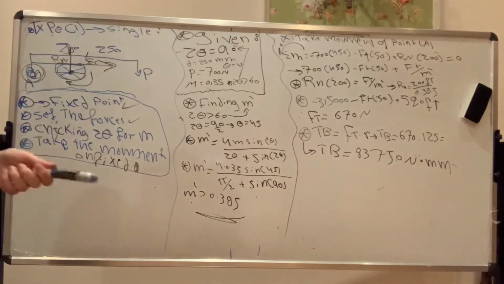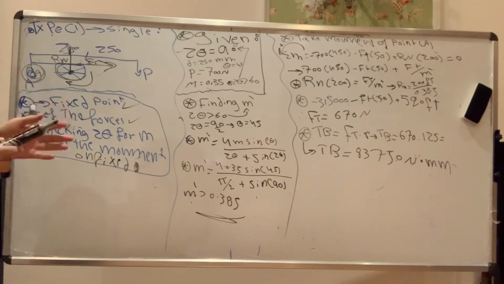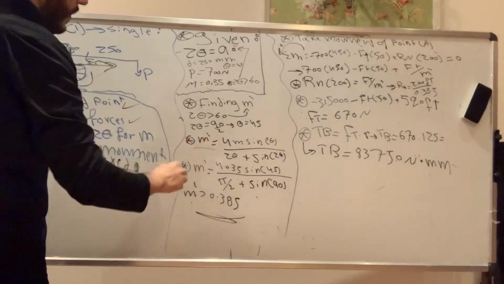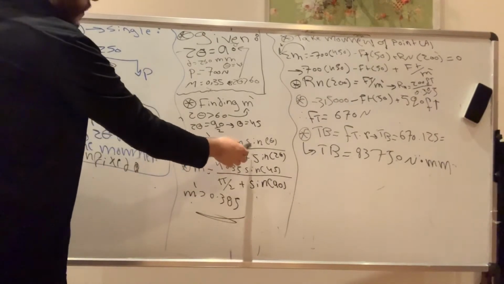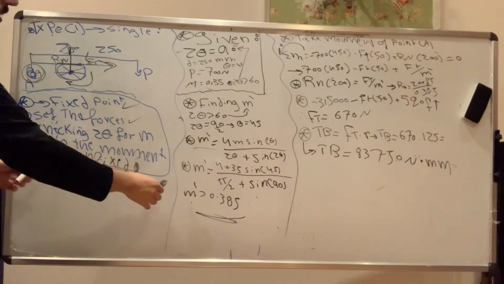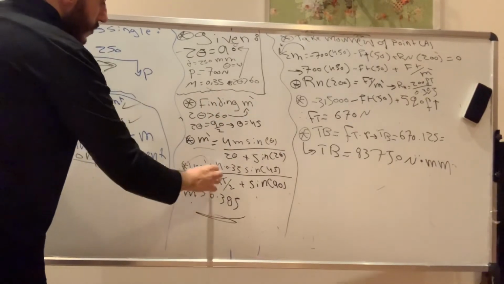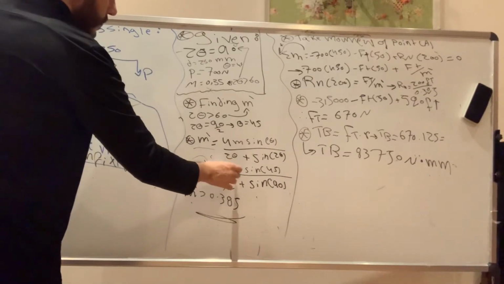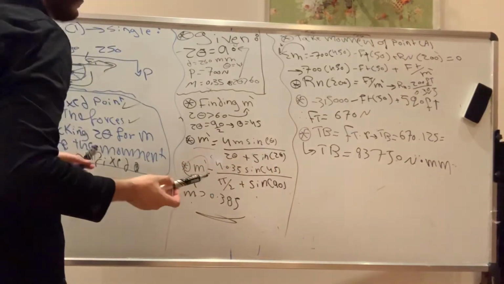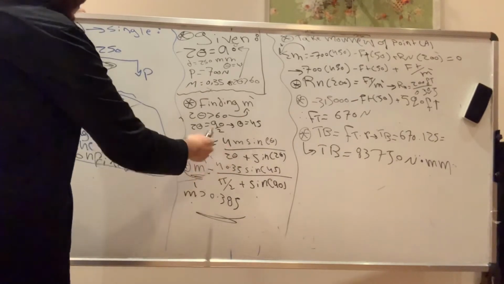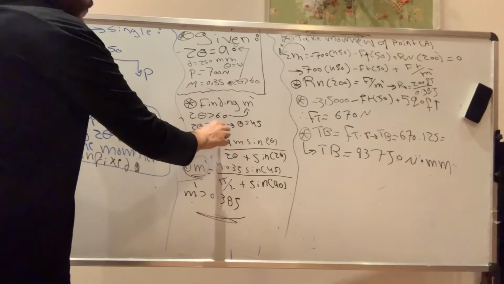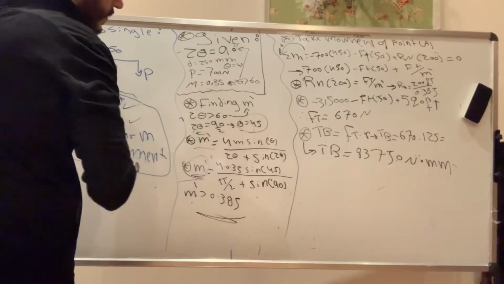I'm supposed to convert it to m dash. So m dash equals 4m sine theta over 2 theta plus sine 2 theta. Here m dash is 4 multiplied by the given m, multiplied by sine 45. For theta 45, why? Because I have 2 theta equal 90, and dividing by 2, I get theta 45 degrees.